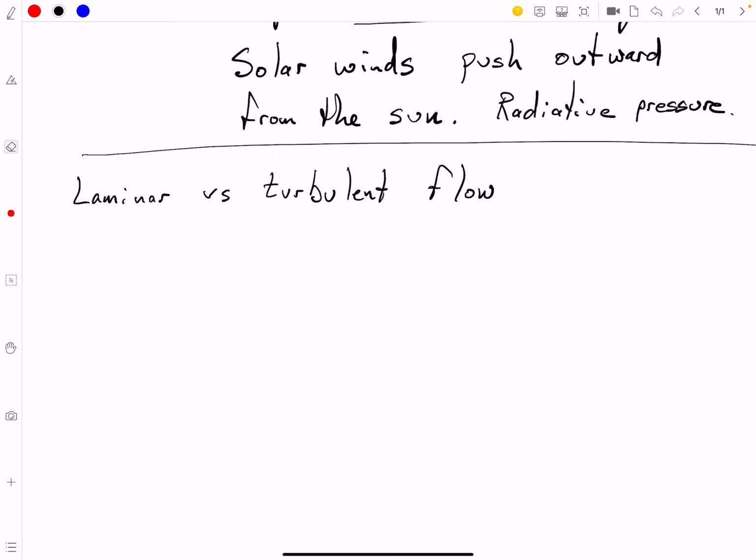So laminar versus turbulent flow, this is so big to me in the nature and study of physics. I can't begin to tell you. It's basically what I write about, the changes from laminar to turbulent and vice versa.